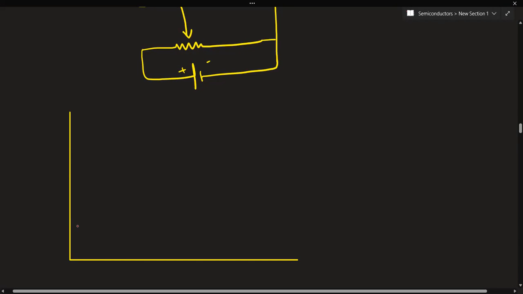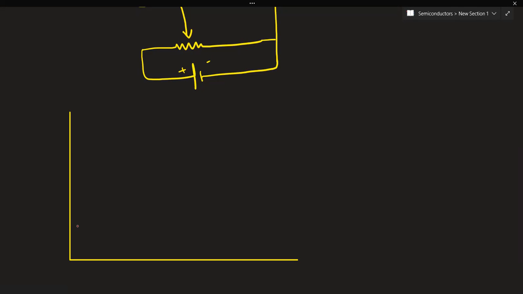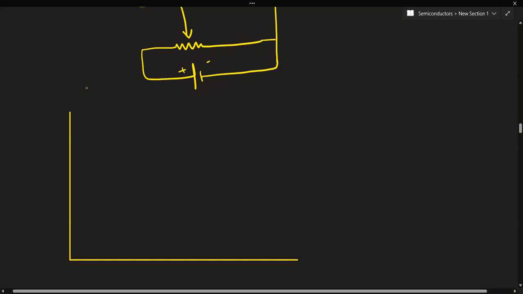The milliammeter measures the current through the diode, so for different values of voltage, the different current is noted. A graph is plotted between the voltage and the current: let's say current is over here, measured in milliamperes, and the voltage is measured in volts.